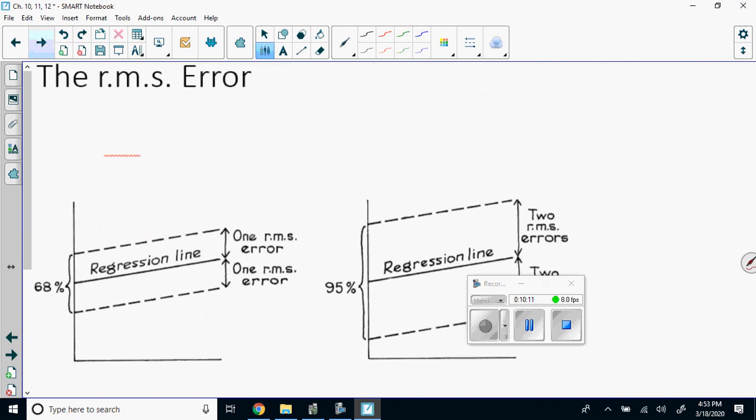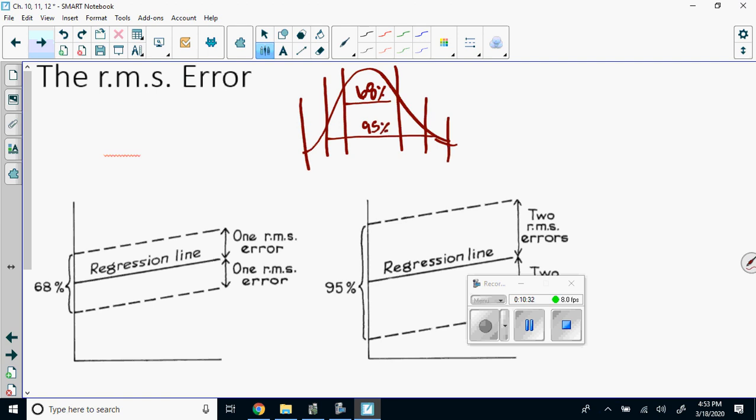So the RMS error actually is the same as standard deviation as far as percents go. If you remember our empirical rule, one standard deviation away was 68%, two standard deviations away was 95%, three standard deviations away was 99.7%.